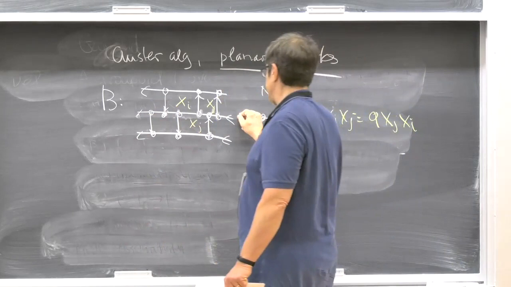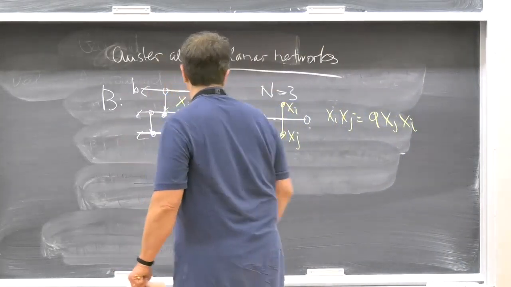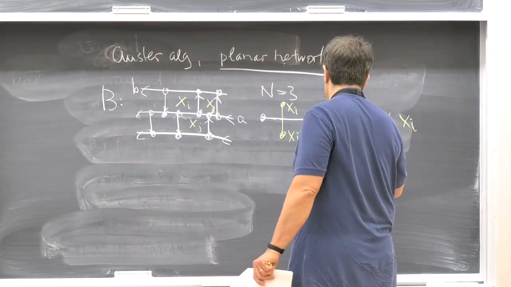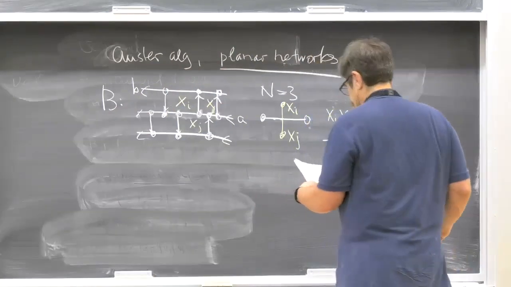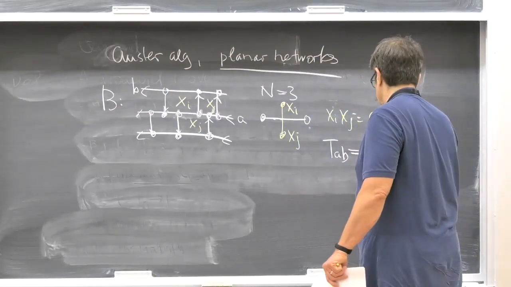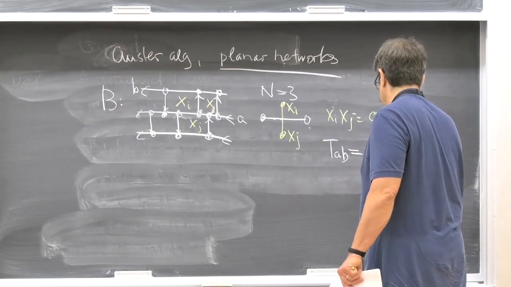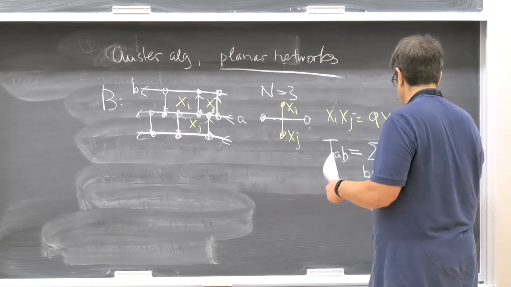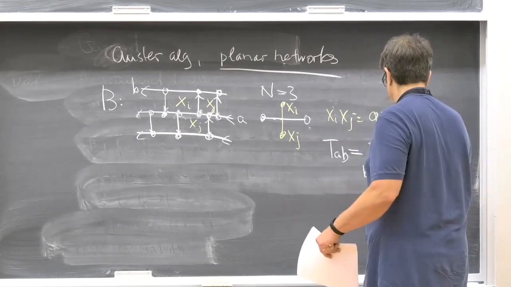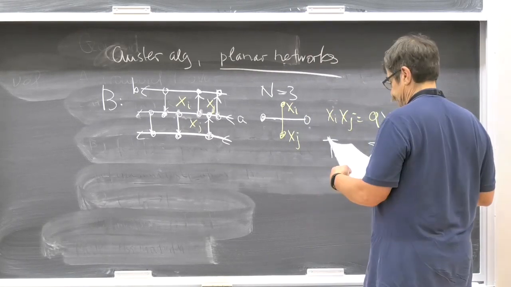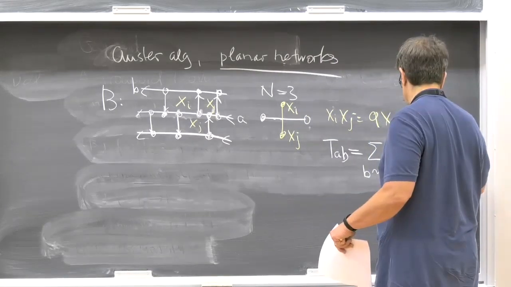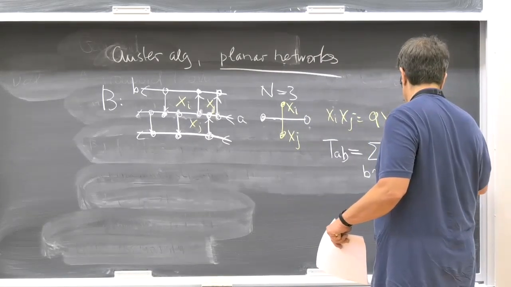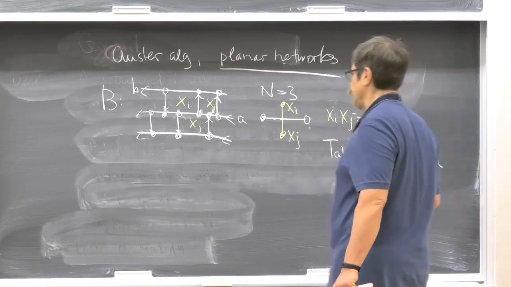Then if we have sources and sinks, we can define what is called a transport matrix, which is the sum of all paths from B to A of what are called quantum weights enumerated by these paths.